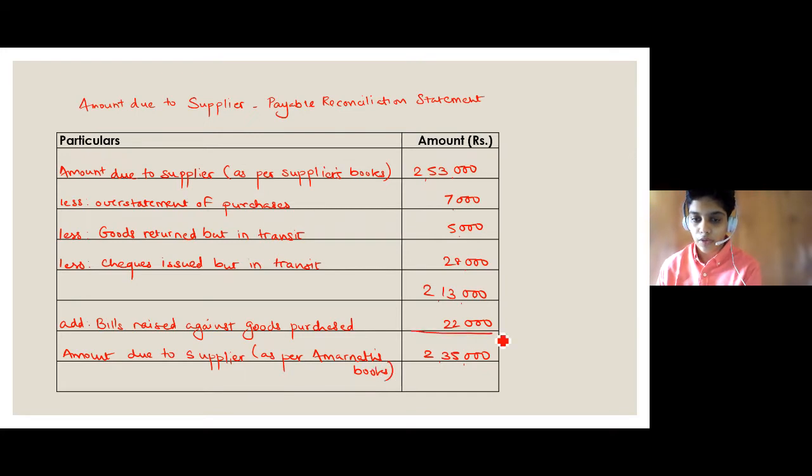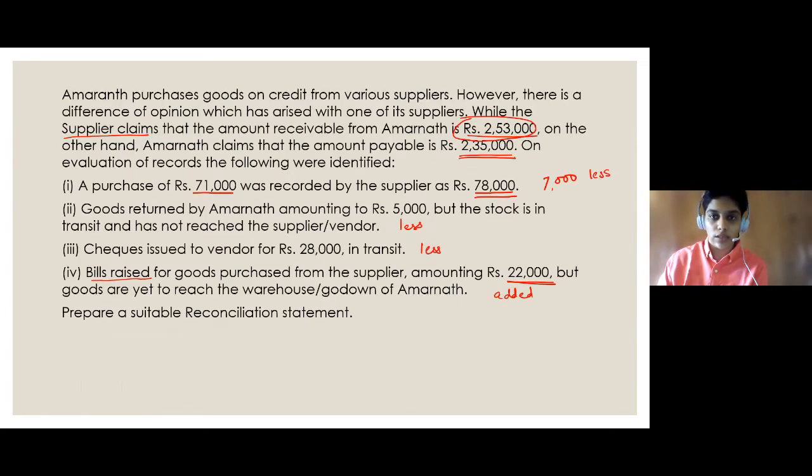Amarnath's books. So we started with the balance as per the books of the supplier and ended with the balance as per Amarnath's books. That is the same balance that is given in the question, 2,53,000 and 2,35,000. So we could have chosen either of the points. We could have started with 2,35,000 and the effect would have been exactly opposite for all these items. And then the endpoint would have been the balance as per the supplier's books.